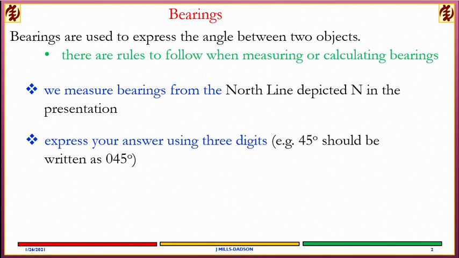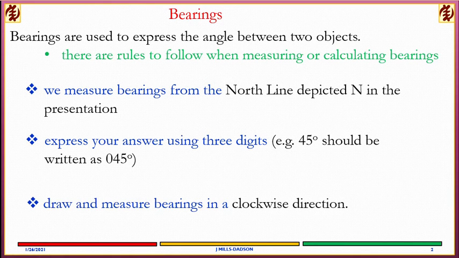If it is already 3 digits, that's fine. If it is 9 degrees, it should be written as 009 degrees. Make sure it's always written with 3 digits. And also, when drawing or measuring bearings, we always measure in a clockwise direction.